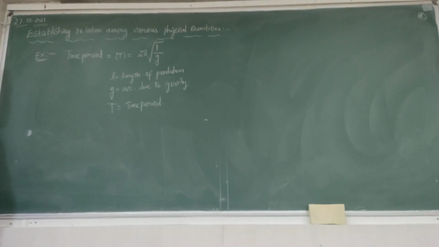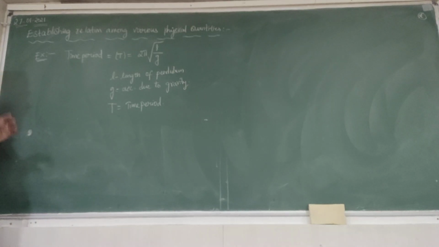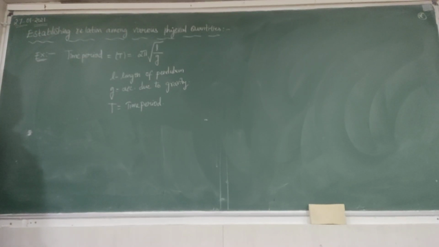Now we will derive this formula, T equals 2 pi root L by g, using our dimensions. That is what we are learning here, establishing relation among various physical quantities.